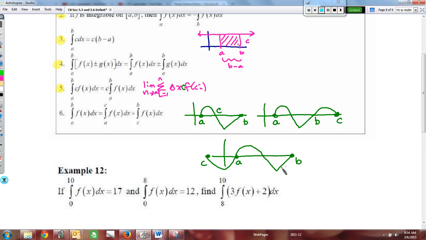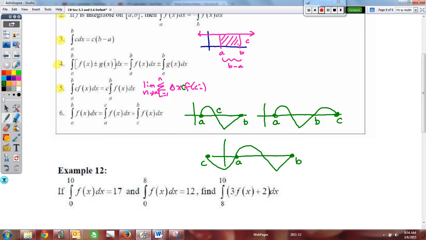So all of these would give you exactly the accumulation from A to B. It doesn't matter whether C is in the middle, out on the right side, or over on the left side, this is always true. It's kind of a convenient little fact that we employ whenever we want to.